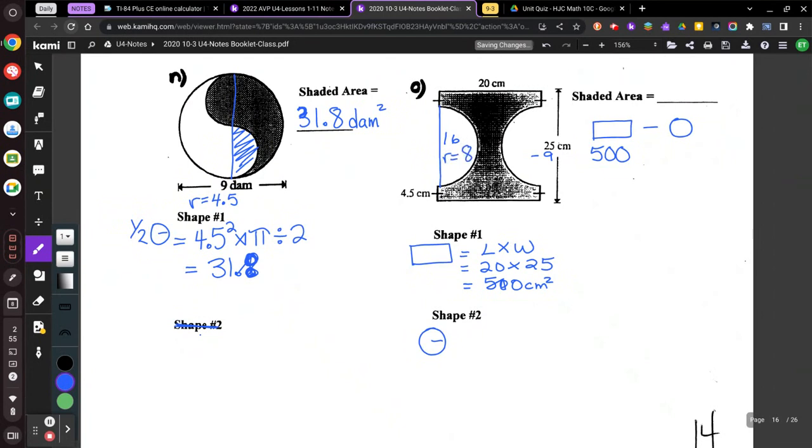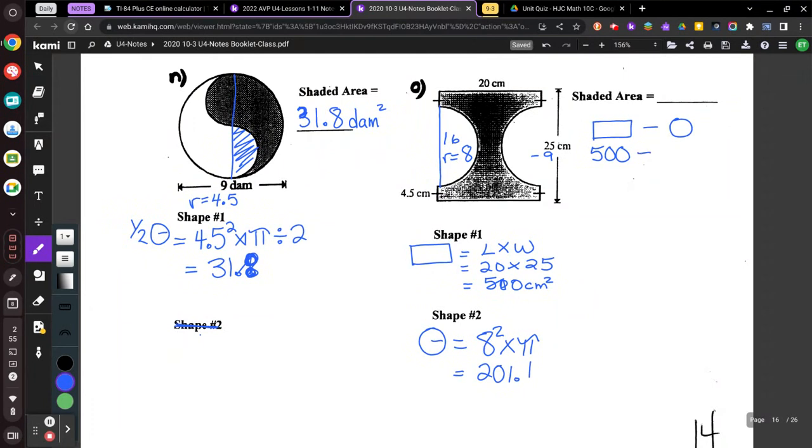All right, so now I'm going to go 8 squared times pi. And that's going to give me 201.1. And that's what we're subtracting.